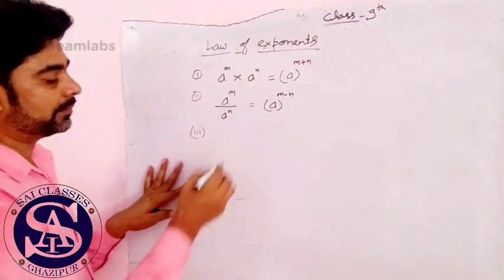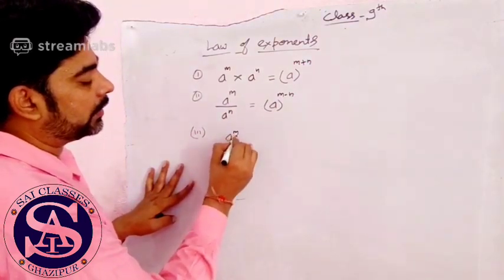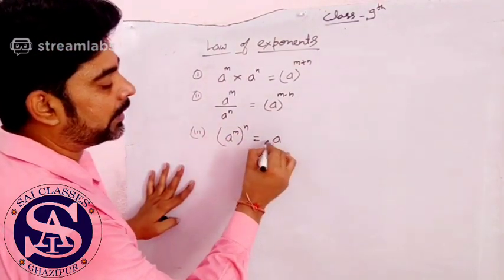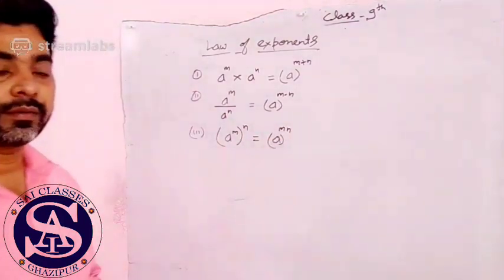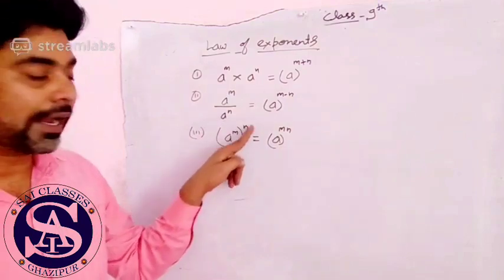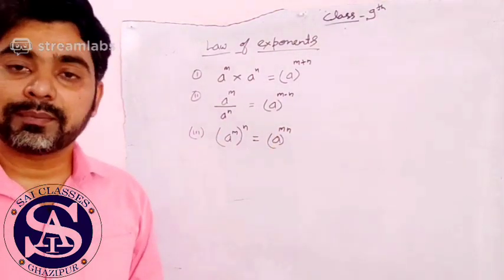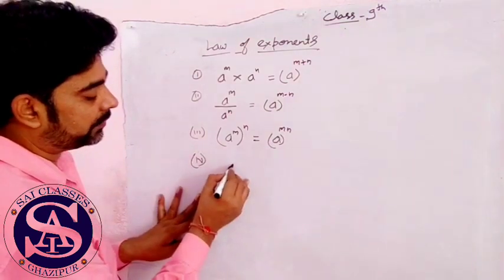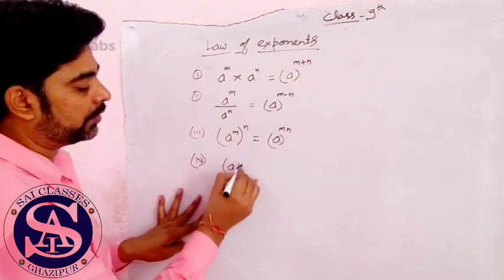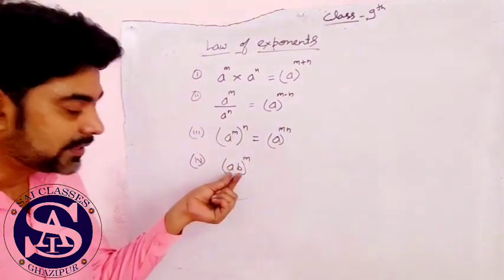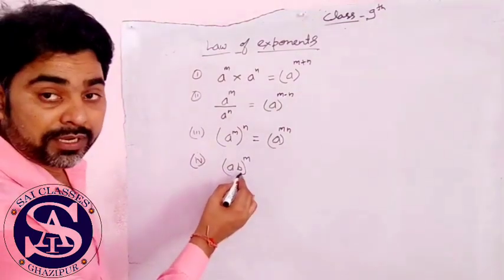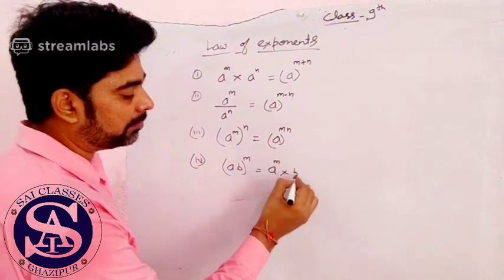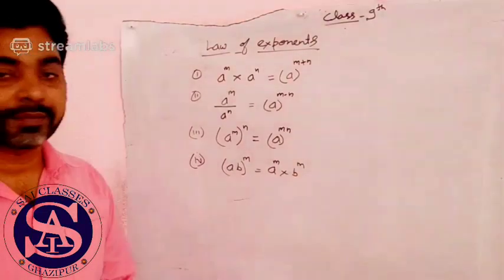The third law states that a raised to m, whole raised to n, is a raised to m multiplied by n. And the last one: if we have ab whole raised to m, where the bases are different, we can write it as a raised to m multiplied by b raised to m. Please take a screenshot.